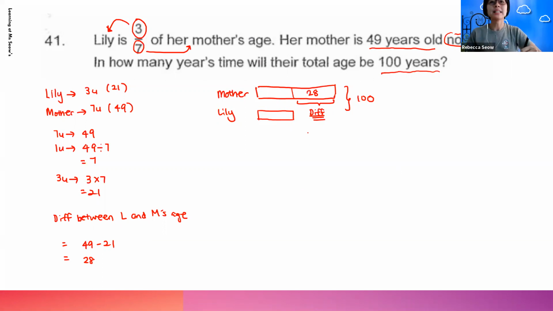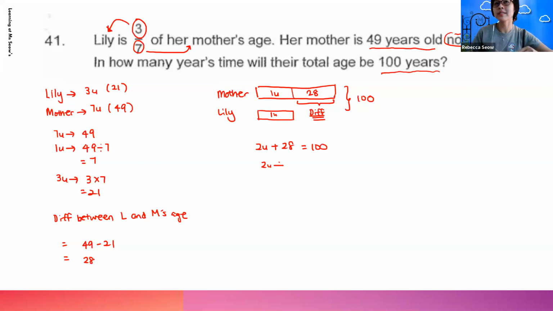Now, looking at this model, let's try to find out what 1 unit is. If we can find out what 1 unit is, then we know the age that Lily will be when both Lily and her mother's ages add up to 100 years. Okay, so 2 units, it's 1U and 1U, 2 units plus 28 gives you 100 years.